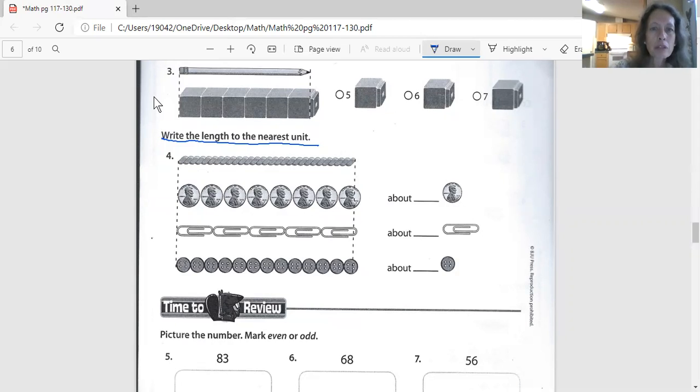And this row of pencils is how many pennies long? You're going to count the pennies and write your answer. You're going to count the paper clips and write how many paper clips there are. And you're going to count the buttons and tell me about how many buttons there are. Okay?